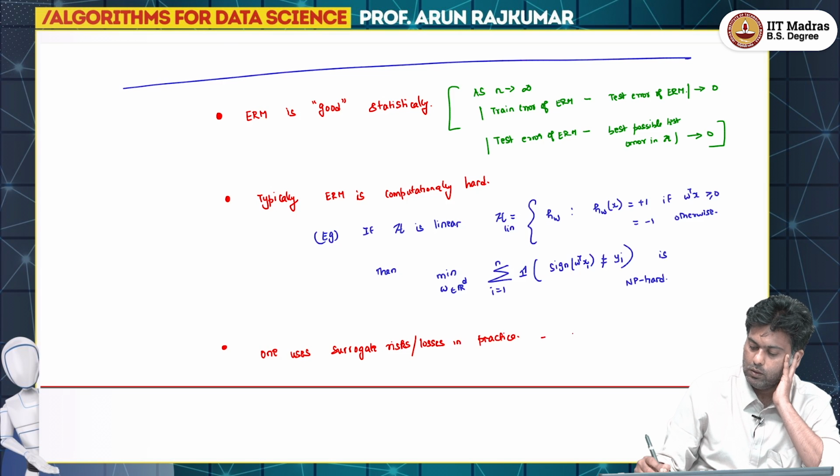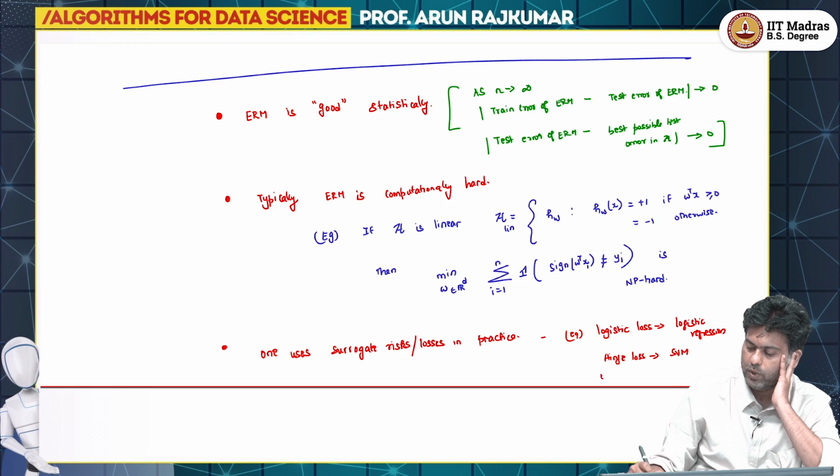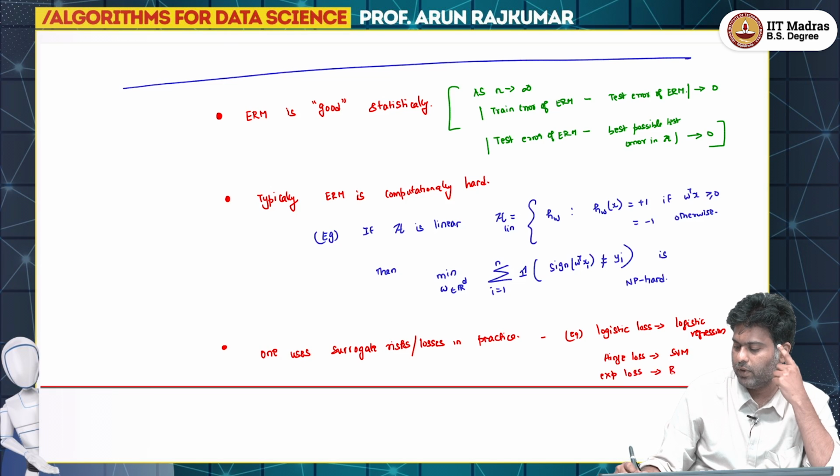For example, you might have logistic loss, and that will lead to the logistic regression algorithm. You might have hinge loss, that will lead to the support vector machine algorithm. You might have exponential loss, that might lead to a variant of the boosting algorithm, and so on and so forth.